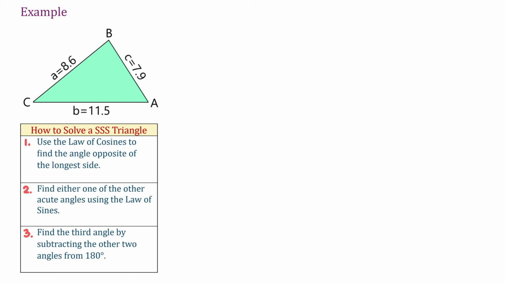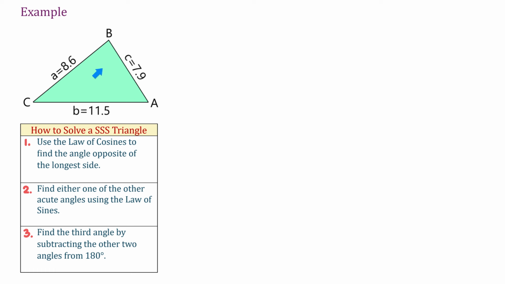So because we are given all three sides, this is a side-side-side triangle, and this means that in the first step, we will use the law of cosines to find the angle opposite the longest side. From the figure, we see that side B is the longest side.